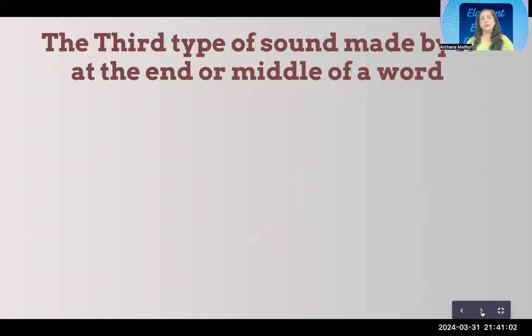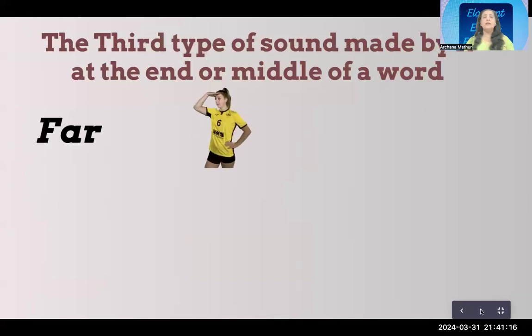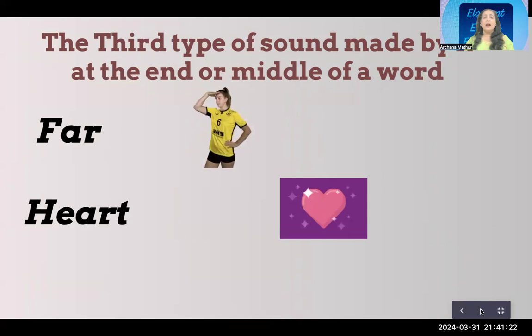Now the third type of sound, when we have R at the end or the middle of a word. This is the third type of sound. This is far. Again, far. Heart, R is not to be heard.